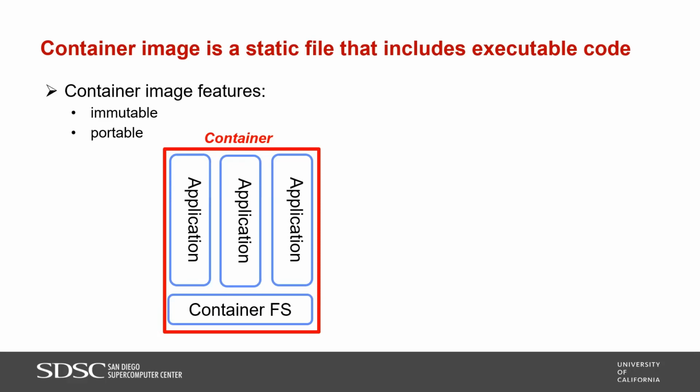Once it's built, it's portable. That means you can share your image with others. It's very easy to share because it's a single file. It's just a file, and it's immutable. That means once it's created, you cannot change or modify the image. So you can make sure that this is the one you have. You don't need to worry about that.